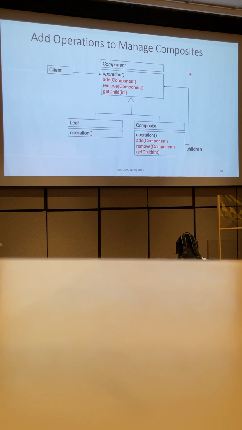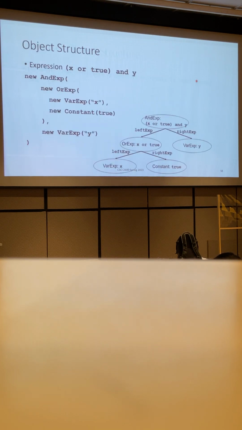Wait, why do the leaves not have to support get child? Because the leaves do not have children. If you look at the leaves in this tree, they are all variables and constants. They cannot be an or expression or an and expression or a not expression. Right?